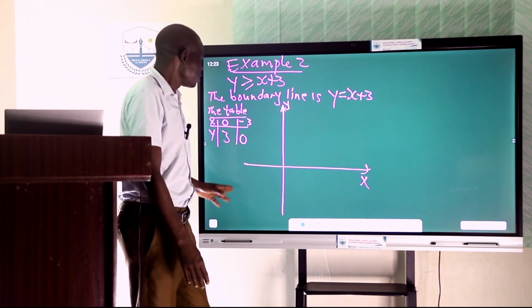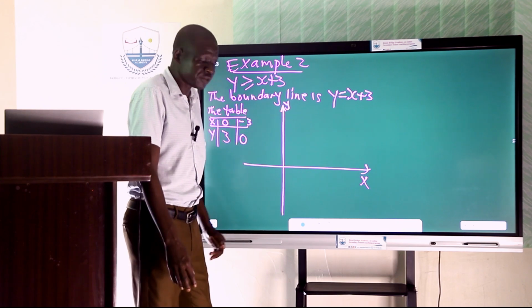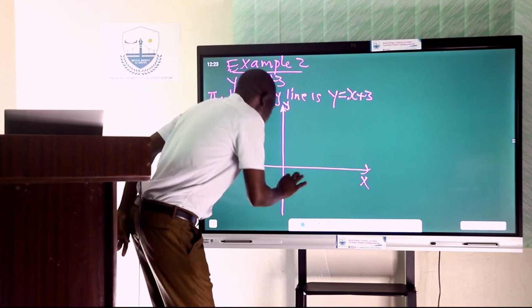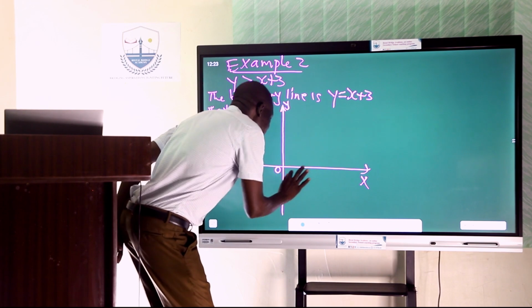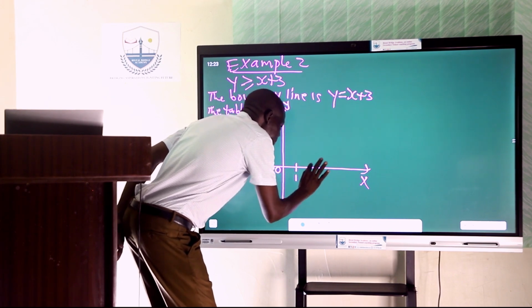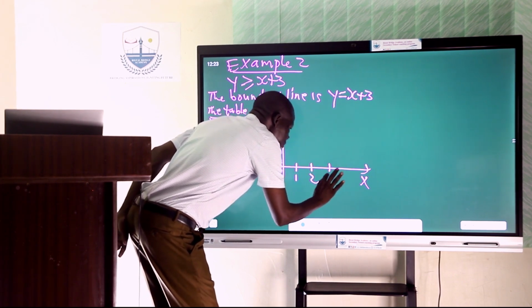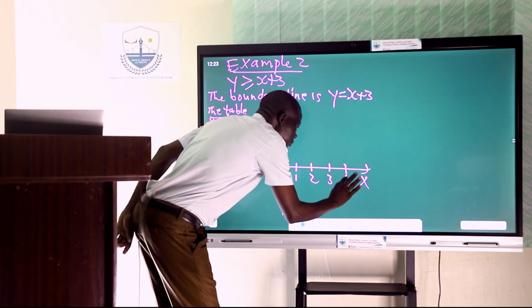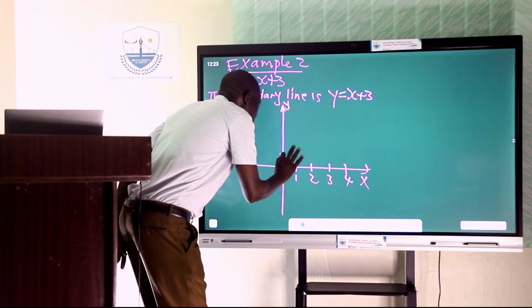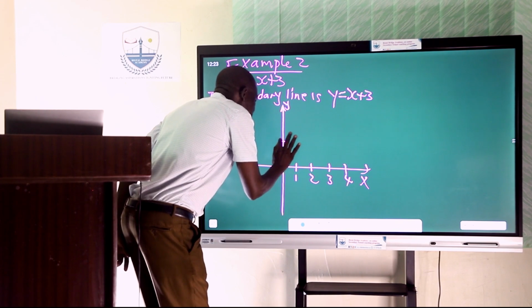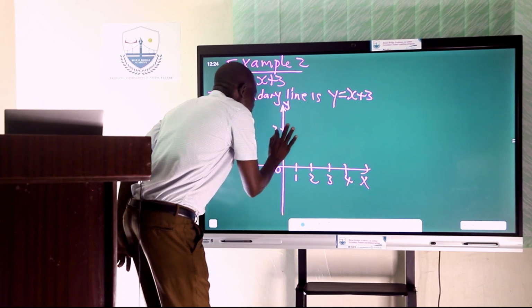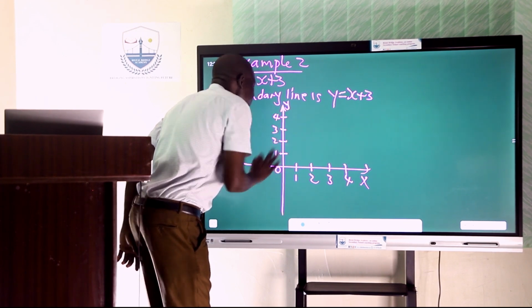So we put them now on the graph. If this is the graph, this is 1, 2, 3, 4. On this side we have 1, 2, 3, 4.